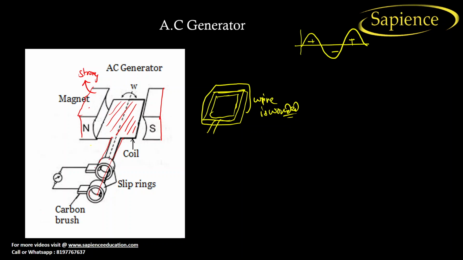There is a carbon brush here so that they won't get attached completely, as there may be a possibility of breakdown. So when the coil moves and induced current is formed, the current will go through this, right?